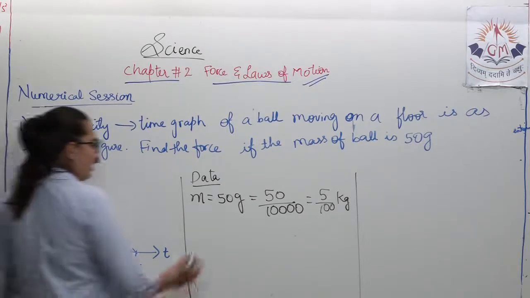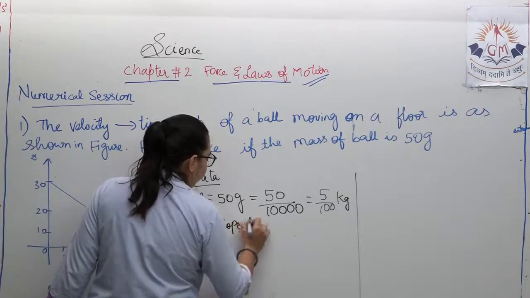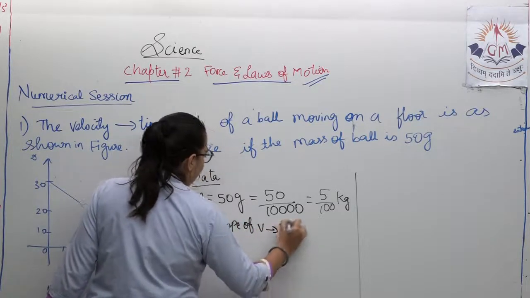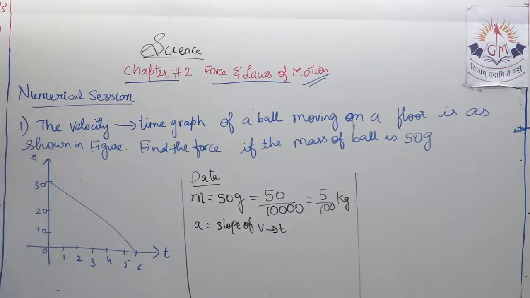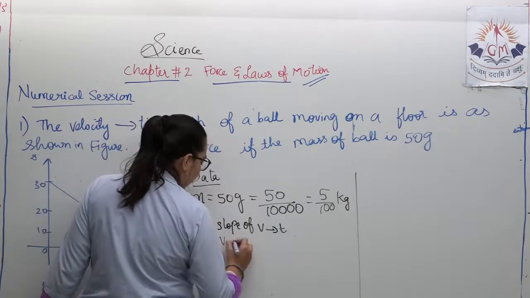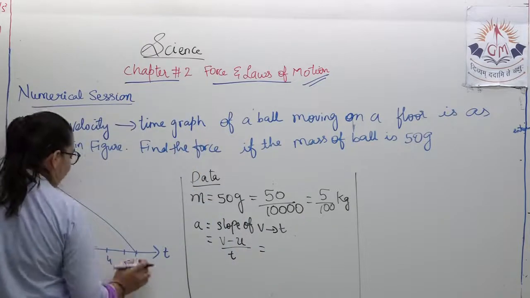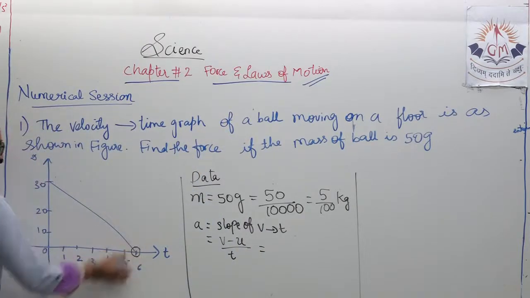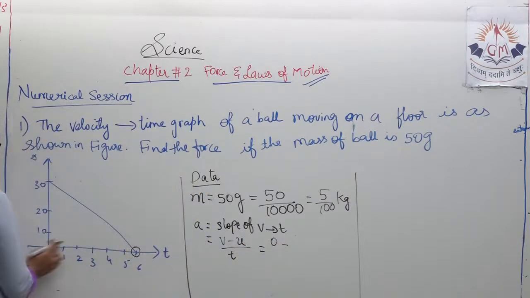Now what is acceleration? That is the slope of velocity versus time graph. Okay. So what is the slope? Final velocity minus initial velocity upon time. Final velocity over here, what is the velocity becoming at t equal to 6 seconds? The velocity is becoming 0. Initial velocity, what is the velocity at 0?